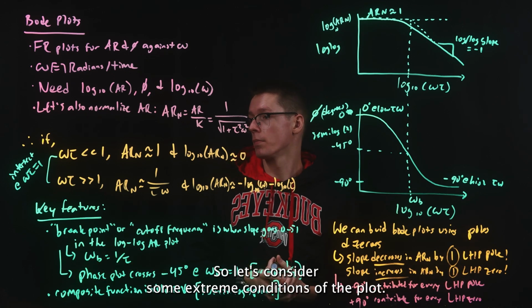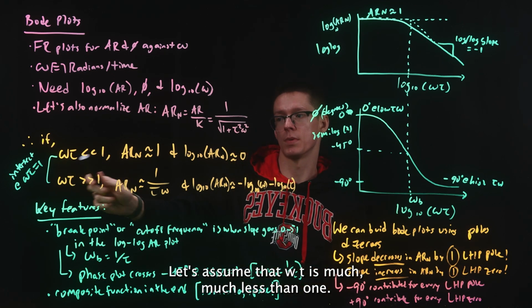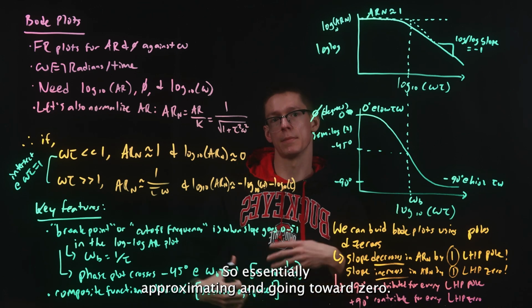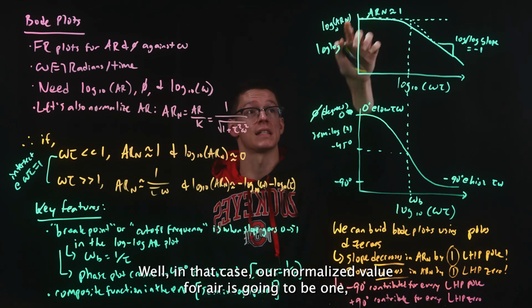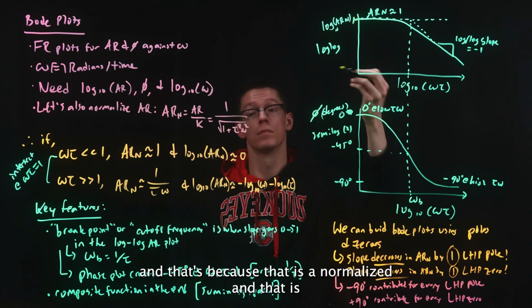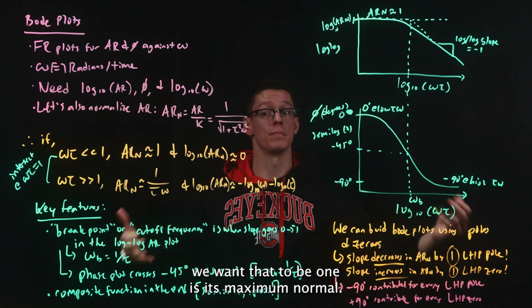So let's consider some extreme conditions for the plot. Let's assume that omega tau is much, much less than 1, so essentially approaching 0. In that case, our normalized value for AR is going to be 1, because it is normalized, and we want 1 as its maximum.